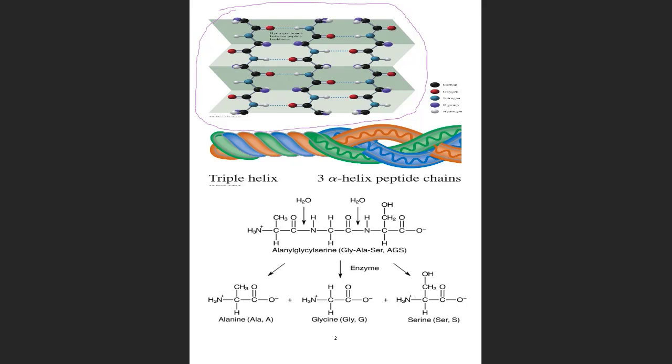And this is the result of the interactions between the side chains, what we call the R groups. The attractions and repulsions between the R groups will make the chain twist or bend until the protein forms a specific shape. And there are many kinds of interactions.